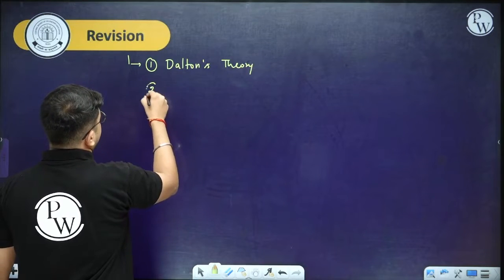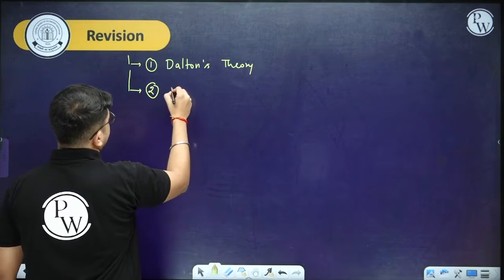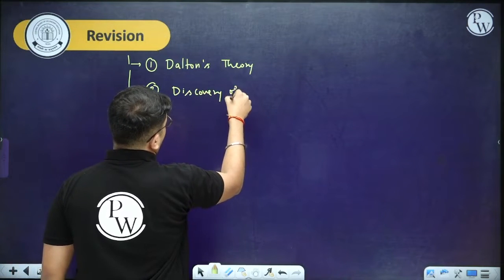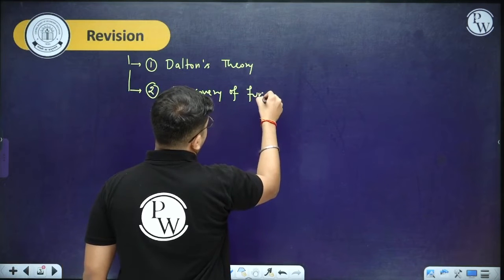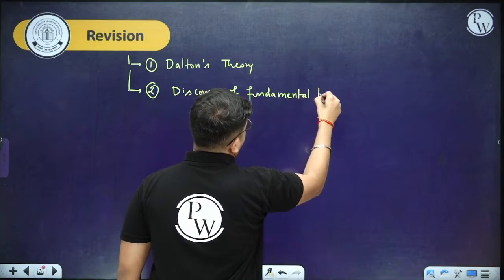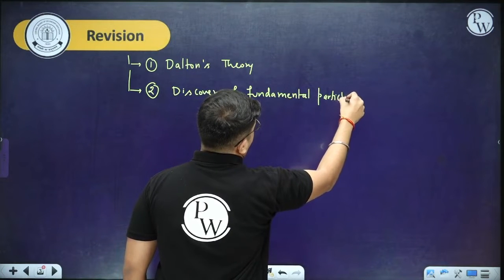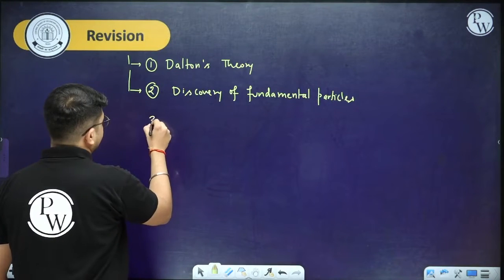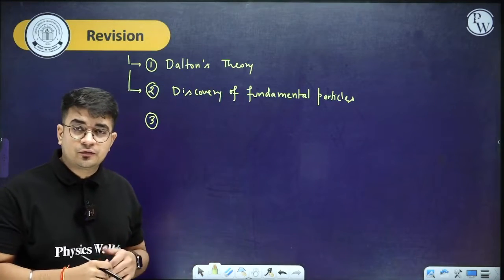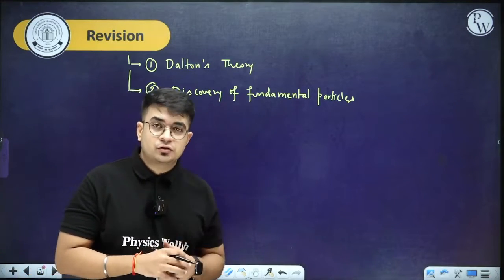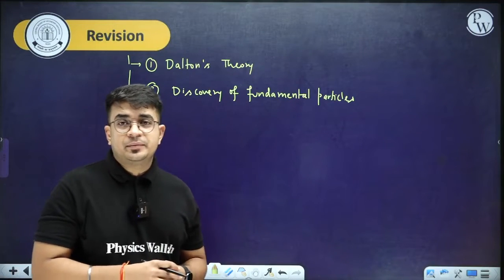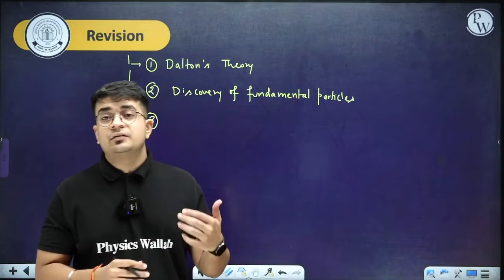Then we discussed the next concept, which is the discovery of fundamental particles. After discussing the discovery of electrons, protons as well as neutrons, we had various concepts, which are the cathode ray experiment, the anode ray experiment, as well as the discovery of neutrons.